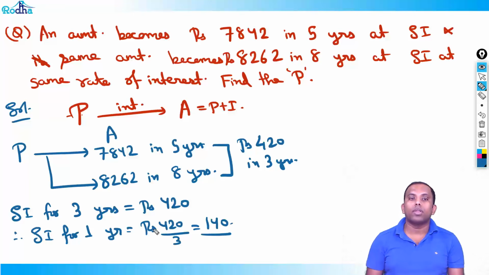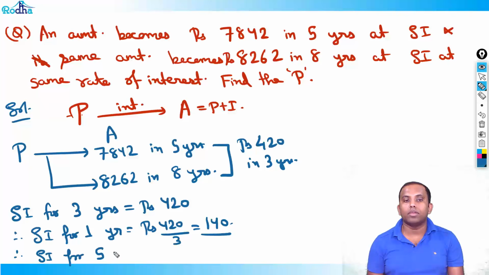Now what can I do? I can subtract interest from the amount to get the principal. I can calculate SI for 5 years or for 8 years. Let's calculate. SI for 5 years will be 140 into 5, that is 700.